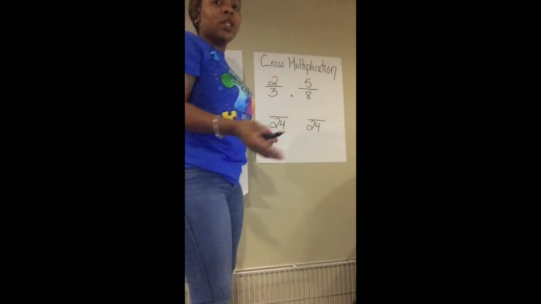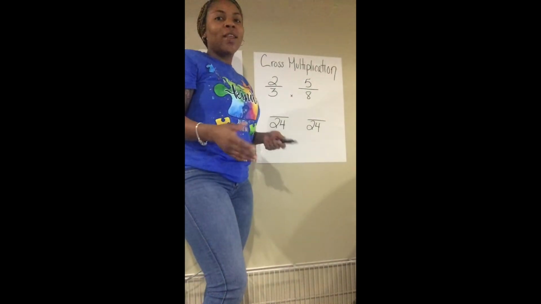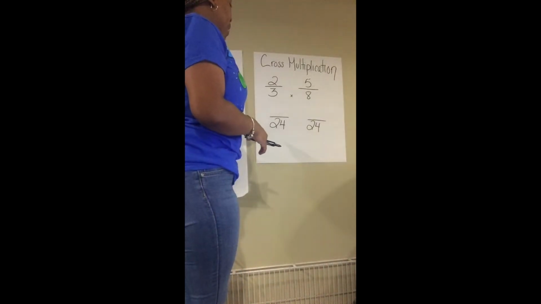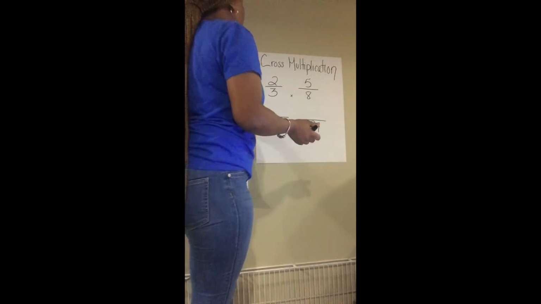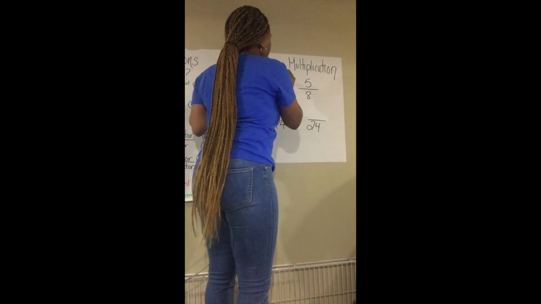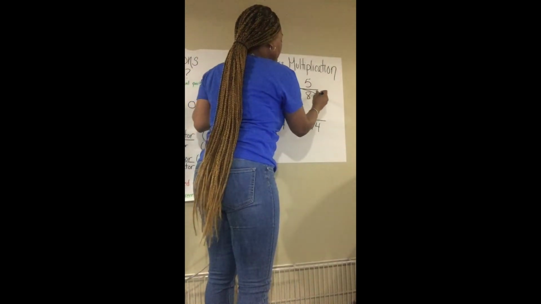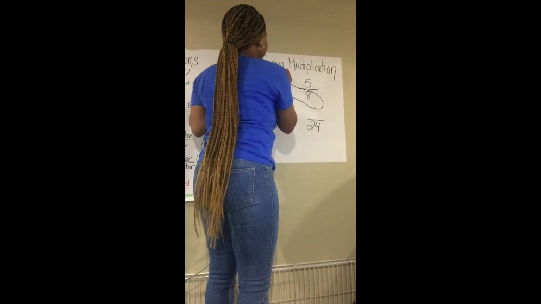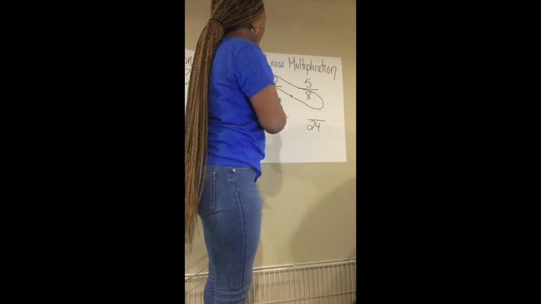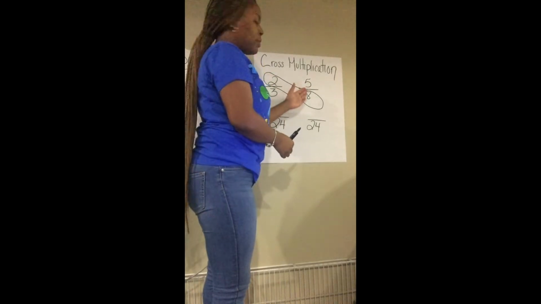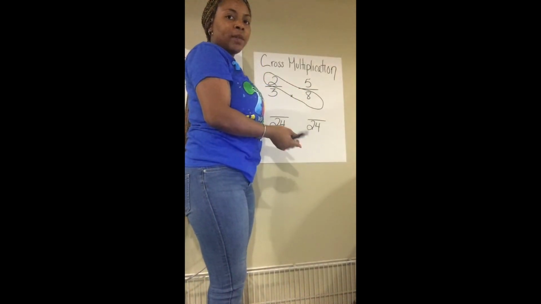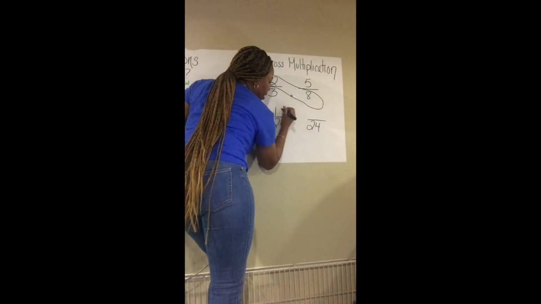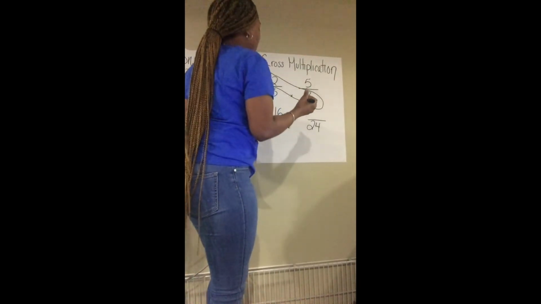Now this is where our cross multiplication or the butterfly effect comes into play. Now that we have our common denominator, we're going to take 2 and 8 and multiply them times each other. 2 times 8 is what? 16. Yes, 16. Now, we'll be putting our 16 right here.